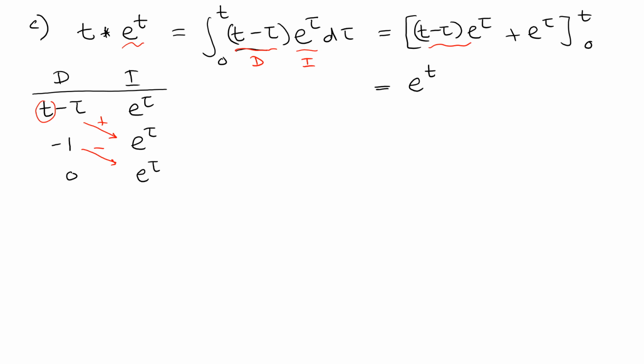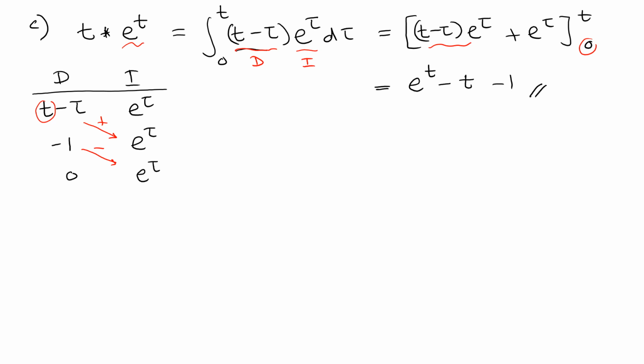And when you plug in 0, you can see that tau equals 0, so from the first term you get minus t, because this is the bottom limit, that means there's a negative sign. And from the last term, you also get a negative 1. So that's the answer if you do it this way.